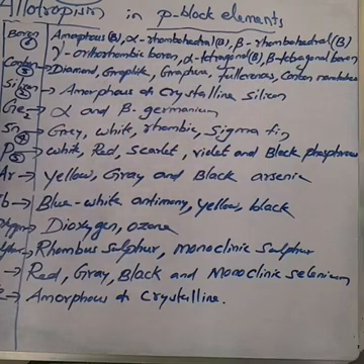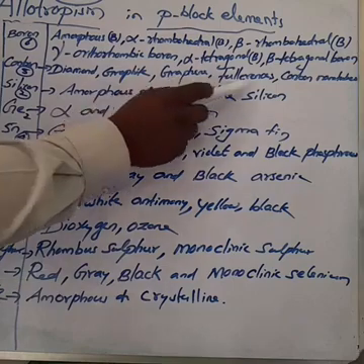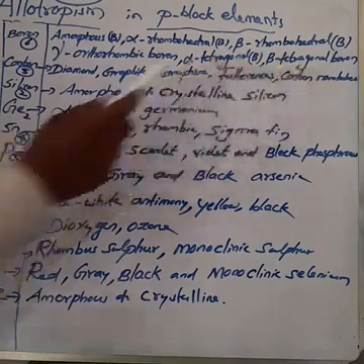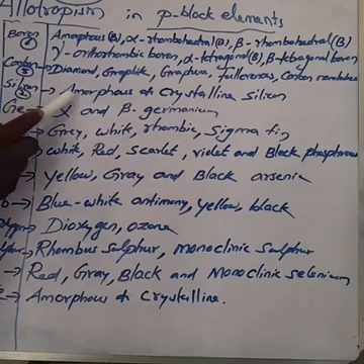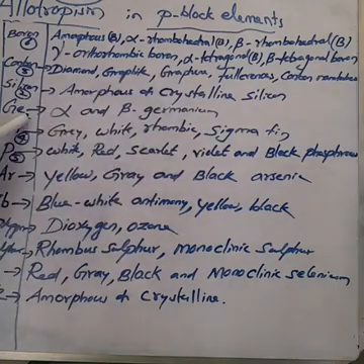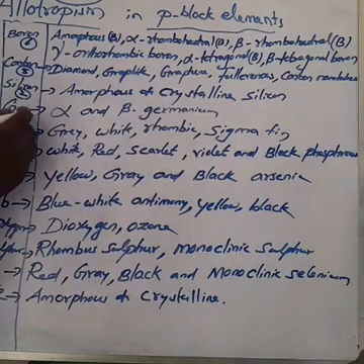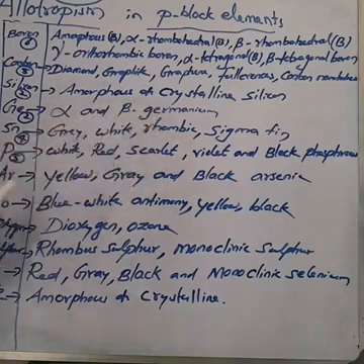Second one, the carbon element exists in 5 allotropic forms: diamond, graphite, graphene, fullerenes and carbon nanotubes. Silicon exists in 2 allotropic forms: amorphous silicon and crystalline silicon. Germanium exists in 2 allotropic forms: first alpha germanium, second beta germanium.